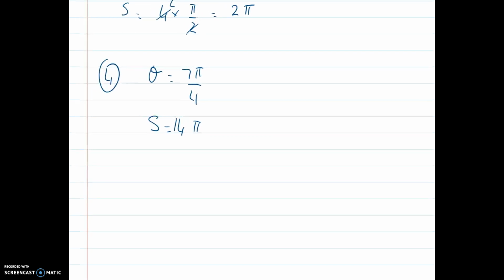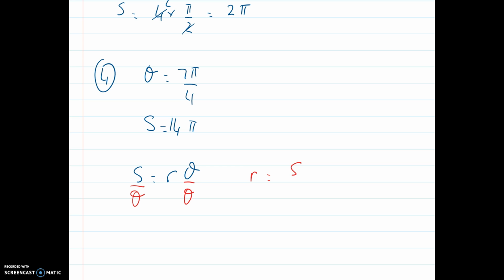Question, find R. Well, from the formula S equal R theta, if I want to find R, I need to get rid of the theta to have R standing by itself, so I need to divide by theta both sides. Therefore, I end up with R equal S divided by theta. I make sure that theta is in radian. It is in radian.